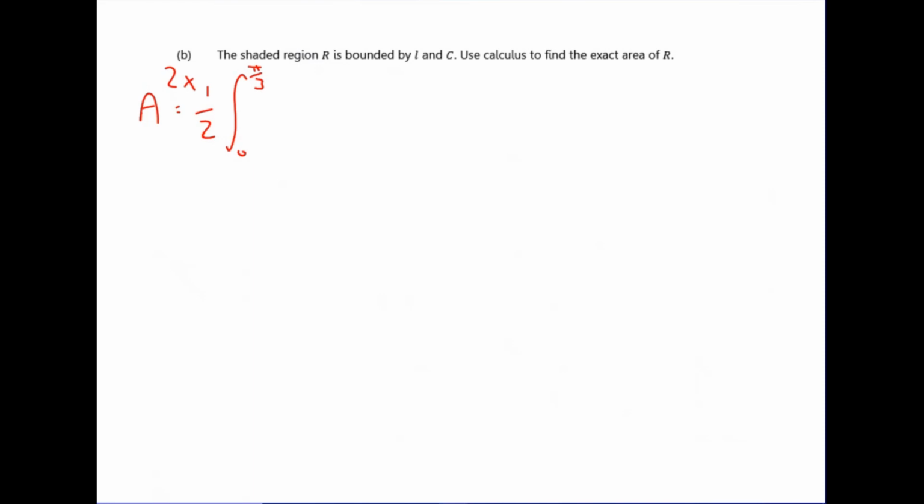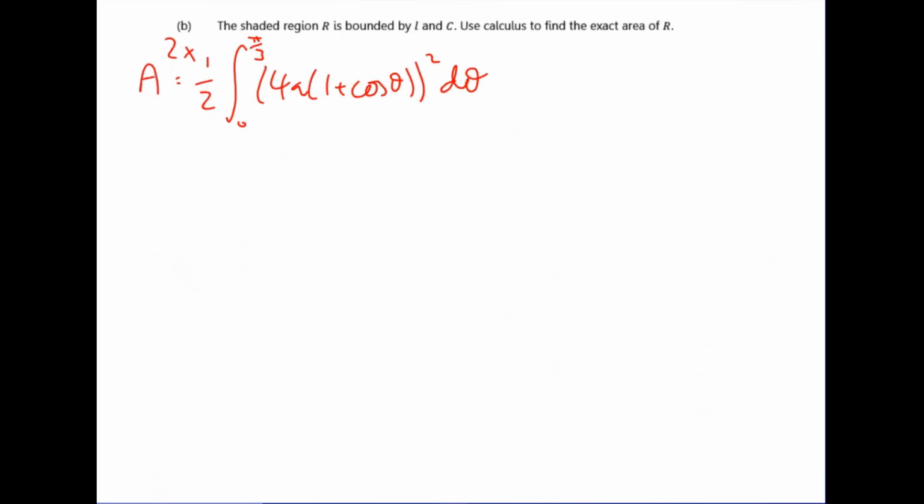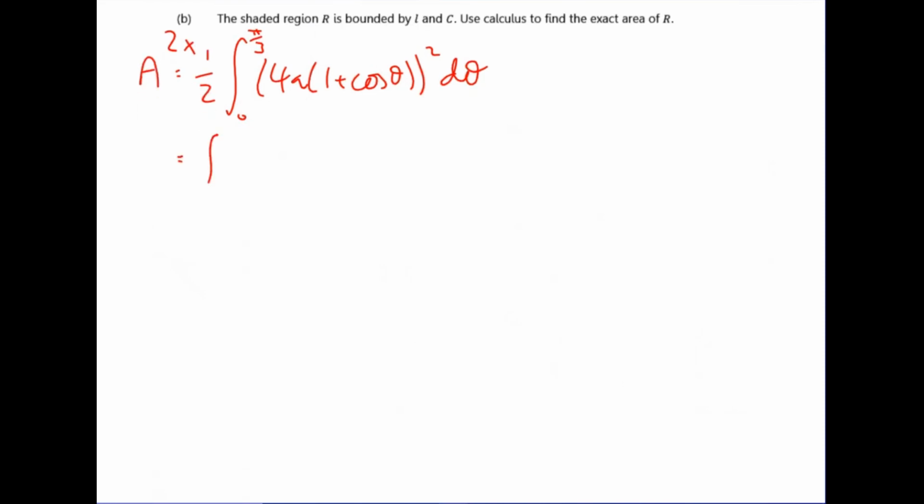I can do that. And I'm integrating for a 1 plus cos theta squared. You can do between pi over 3 and minus pi over 3, it's absolutely fine. I'm going to do just half of it and double it because I know it is symmetrical. So the 2 and the half cancel out. Squaring this gives me 16a squared times 1 plus cos theta squared.